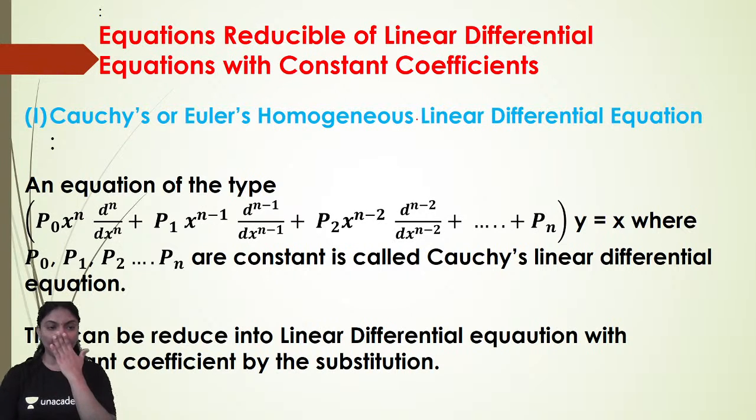An equation of the type p0 x^n d^n y/dx^n + p1 x^(n-1) d^(n-1) y/dx^(n-1) + p2 x^(n-2) d^(n-2) y/dx^(n-2) + and so on, + pn y = X, where p0, p1, p2 up to pn are constants, is called Cauchy's linear differential equation.